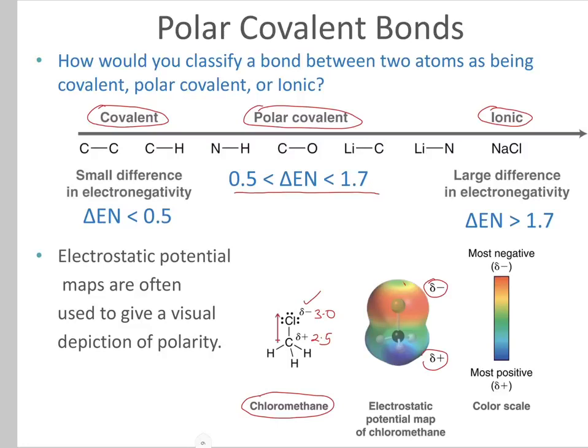And then we can use a visual representation, a heat map. The red portion is where the electrons are residing more, and the other side is where there are fewer electrons.